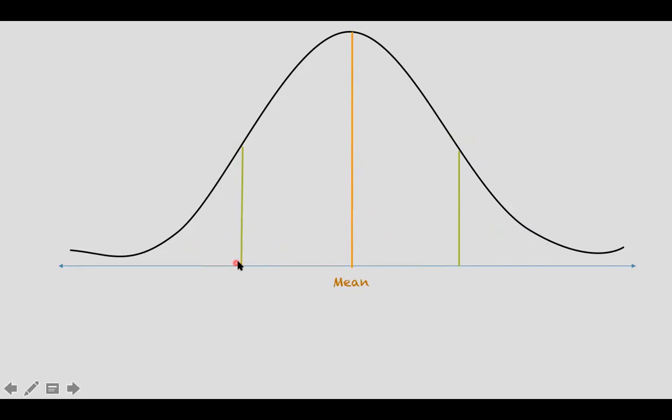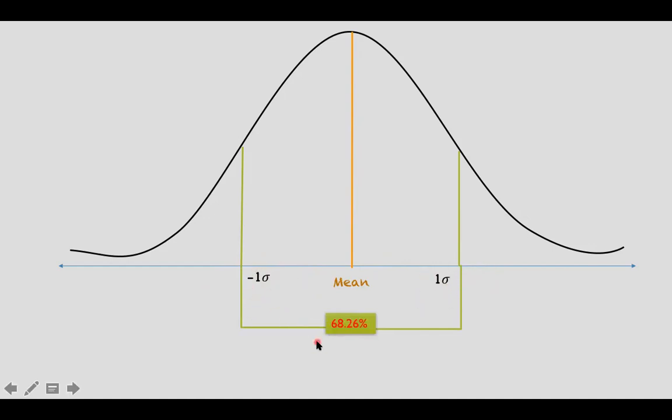How much area is covered under the curve from -1 to +1 standard deviation? Keeping in mind, it is 68.26%. And then next, how much area is covered between -2 standard deviation and +2 standard deviation, from this side to this side?